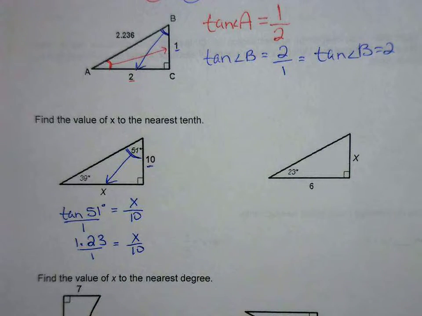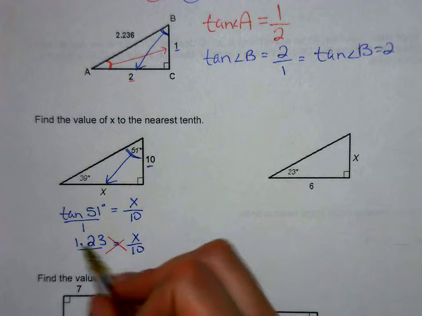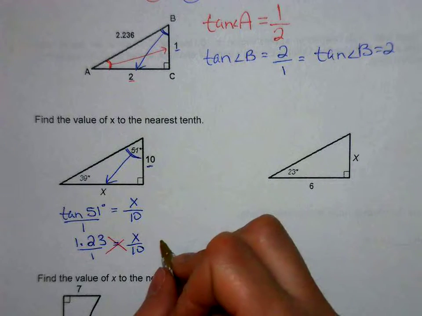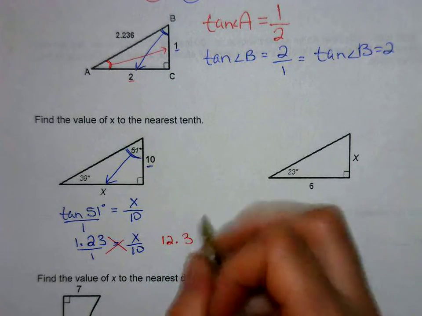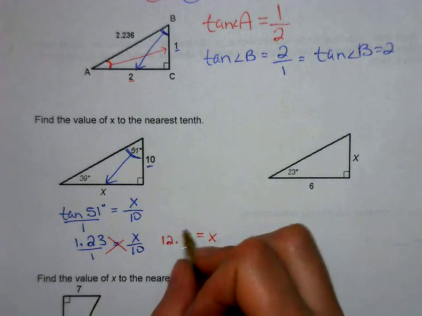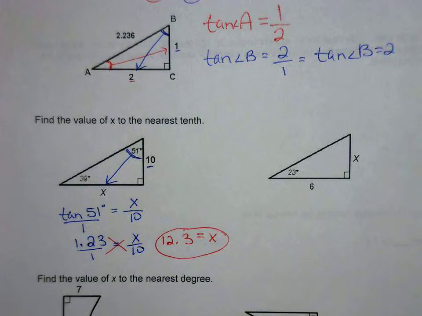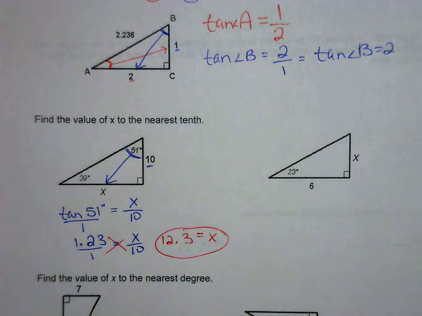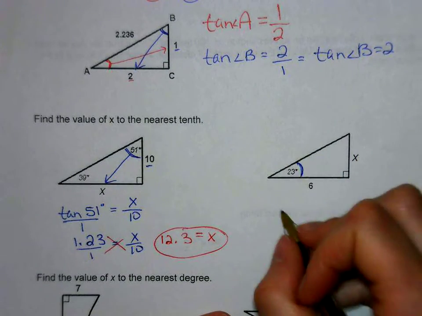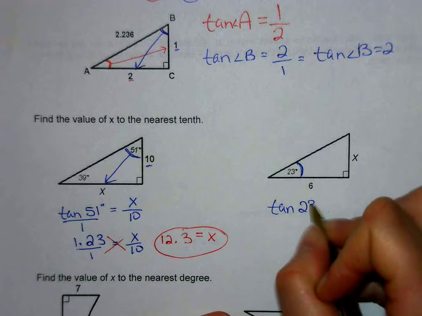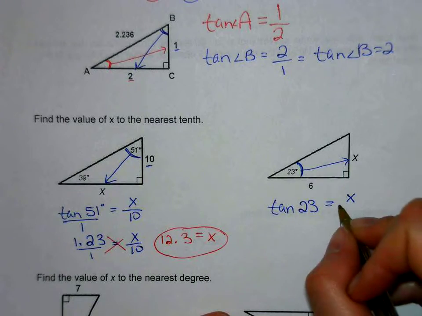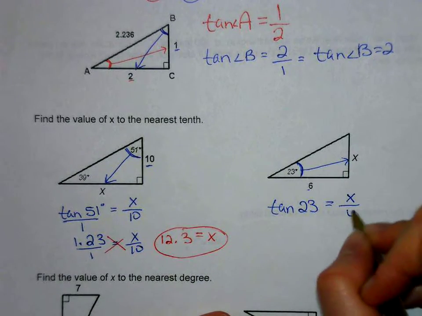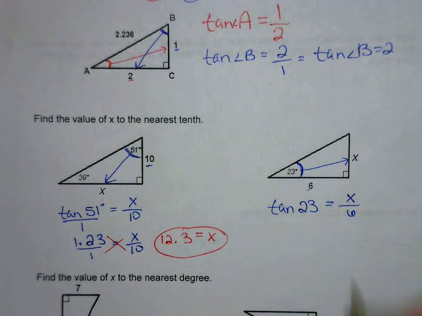So if we cross multiply, 1.23 times 10 is 12.3. That equals 1 times x, which is x. So x equals 12.3. So let's look at this problem. We have this angle, 23, so the tangent of angle 23 equals the side opposite all over the side that's adjacent, which is 6.